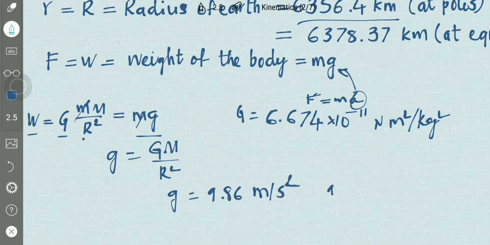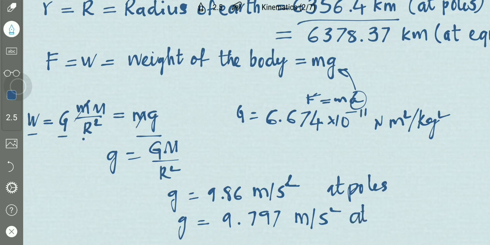This is at poles. And at equator, g will be 9.797 meter per second square at equator.